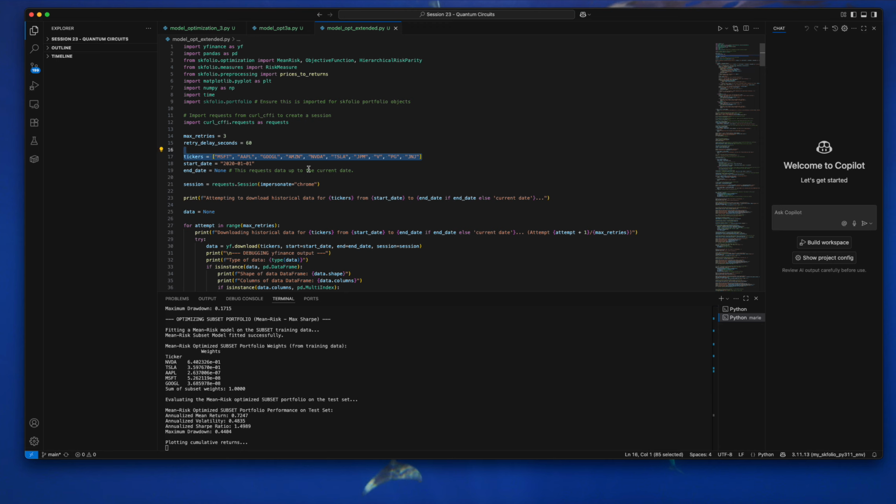Okay, and then basically what I wanted to do was find the best subset and optimize the weights of the subset of the portfolio, so that we can realize what's the best case scenario for our portfolio.